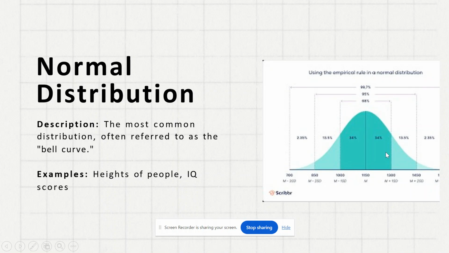So here it contains 68% of the data. If I am not wrong, it contains I think 95% of data, and it contains 98% of data, I think. So it actually tells you the distribution of data. And when we talk about the normal distribution, it is always represented by a bell curve.